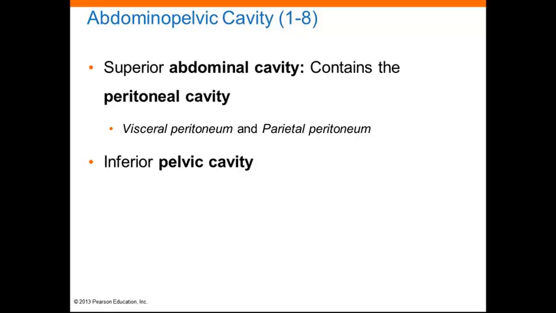The parietal peritoneum is the membrane that lines the inner surface of the body wall. The inferior pelvic cavity then contains the distal portion of the large intestine, the urinary bladder, and various reproductive organs. And so with that, concluding the different cavities, that ends the lecture on Chapter 1.